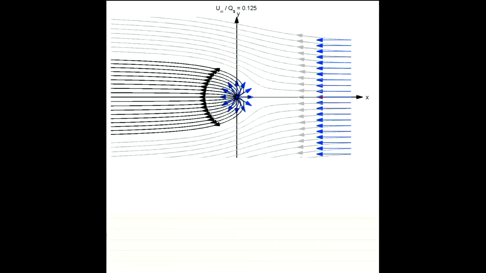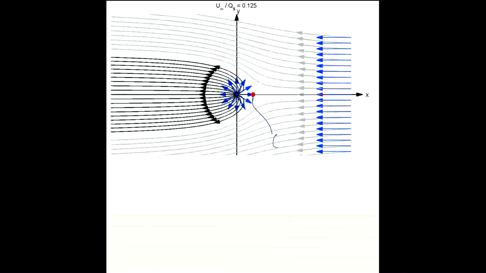The stagnation point is somewhere around here, and the coordinates are qs over 2 pi u infinity, and y equals 0.